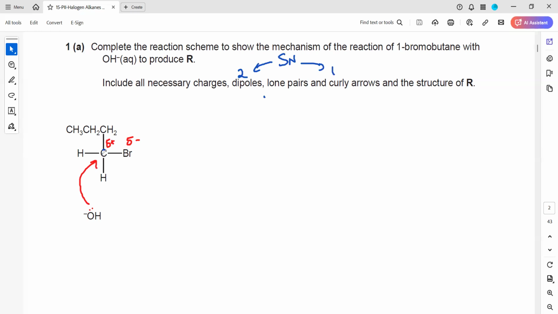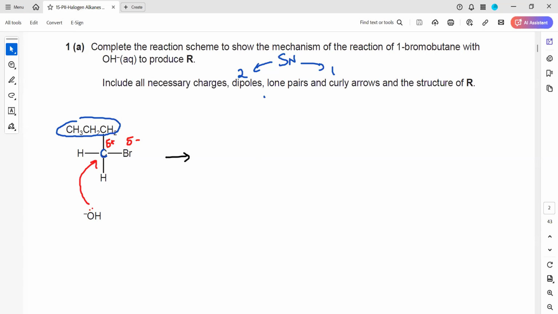Because you can see the carbon which is bonded with the halogen has only one carbon chain attached. If it has only one carbon chain, it will be an SN2 reaction. So what happens in an SN2 reaction? A bond breaking and a bond forming take place at the same time.